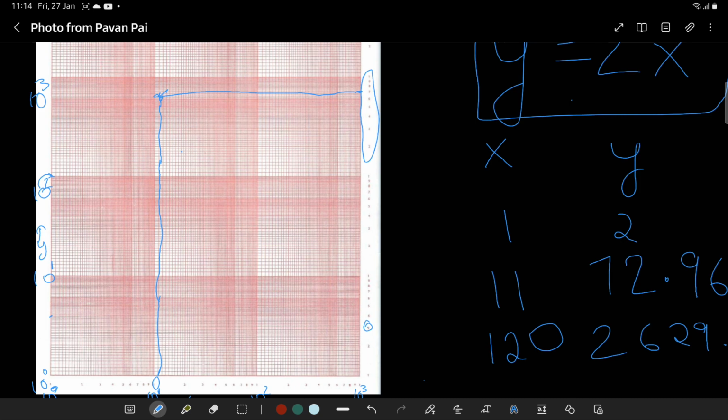Another next point. See, it's very difficult to get a perfect value, but we have to adjust a bit near this 7 and to this. Here we get our second point, that is 11 and 73. Here is the 11, 1.1 into 10 power 1, and 73 is nothing but 7.3 into 10 power 1, sorry, one correction.